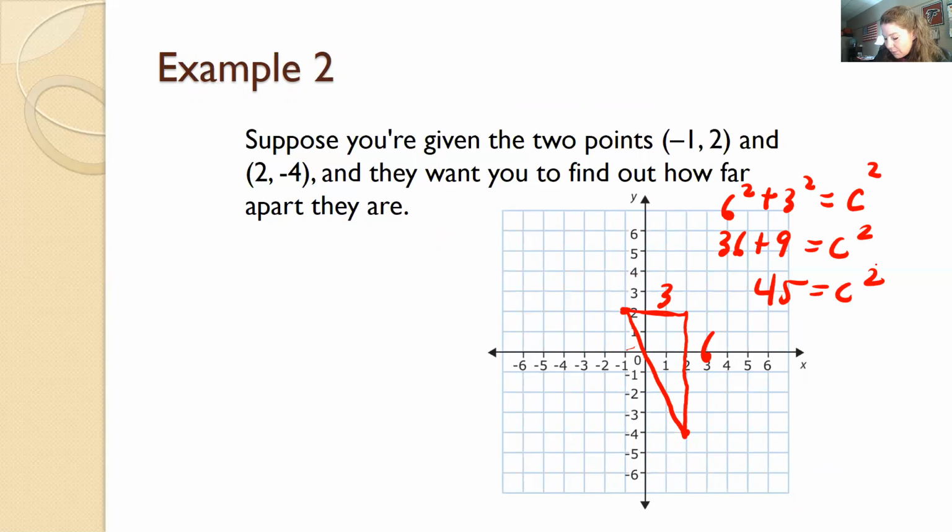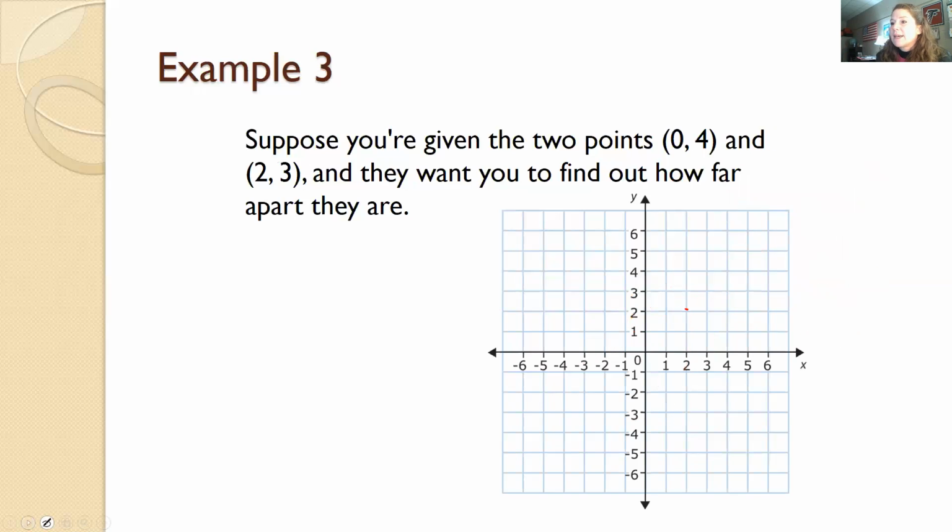And the square root of 45 is about 6.7 units. So we could guess, right? But we can't know exactly. It's a diagonal. It's not easy to count like this straight line here from this corner to this corner, which is exactly 3 units long.